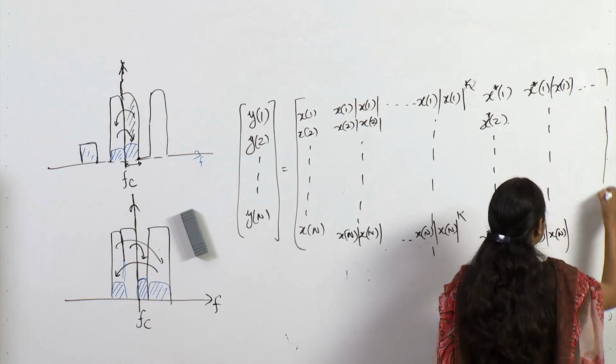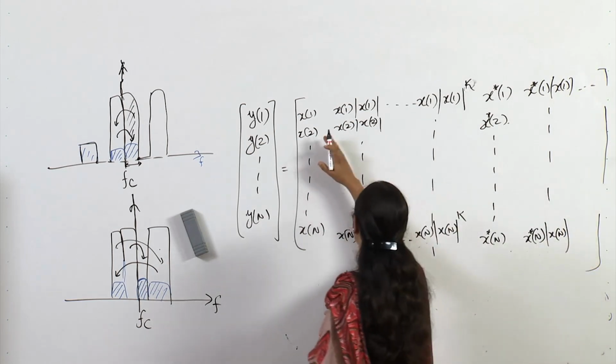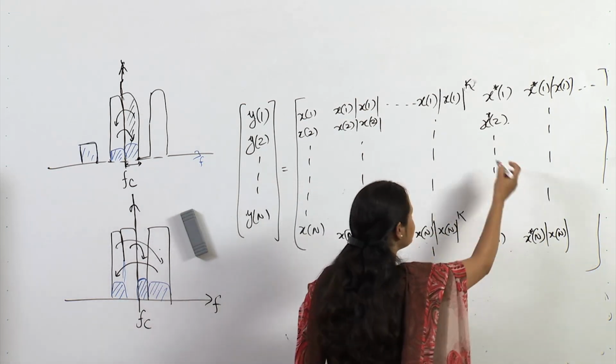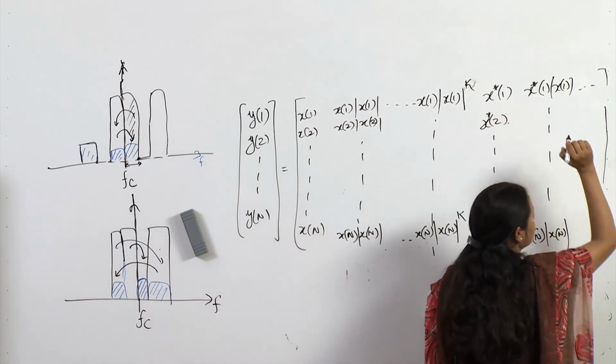So we will have all these terms. So of course, the number of coefficients which were there earlier for the memory polynomial model have doubled because we are using the complex values here also.